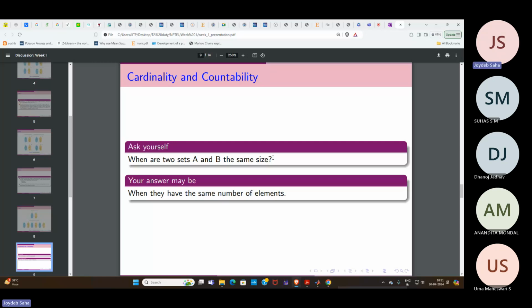Your answer may be that they have the same number of elements. For example, if A includes 4 elements and B includes 4 elements, we call that the same number of elements. So these are of the same size, right?